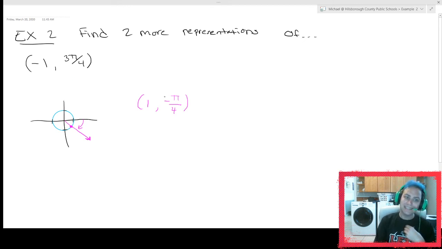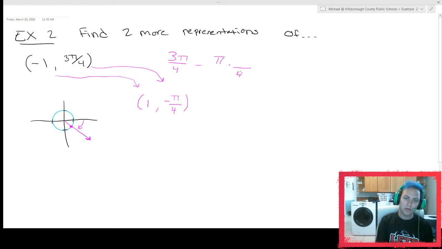Essentially, though, what I did there is I changed this sign to positive. So when this switches to positive, it means that we have to add or subtract pi to this. So we took this number and we subtracted 1 pi away from it. So 3 pi over 4 minus an entire pi. Well, to make this the same, we're going to have to multiply the top and bottom to make the denominator the same.